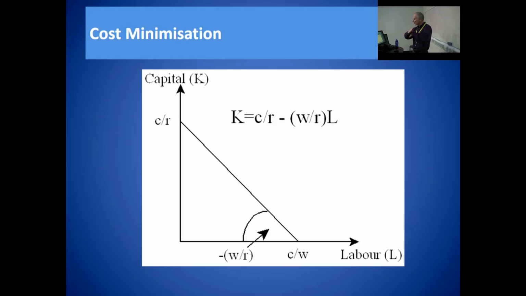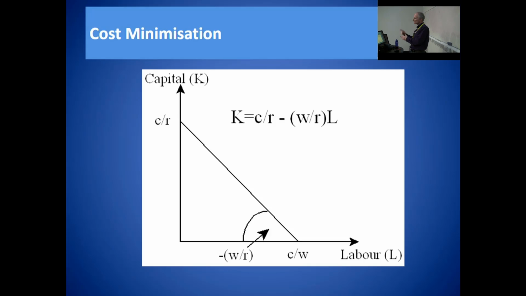As we move to a higher line drawn outwards, a higher isocost curve, that represents a higher level of cost. As we move inwards towards the origin, that represents a lower level of costs. So in those regards, the way that we draw and manipulate a budget constraint and isocost curve are exactly the same.